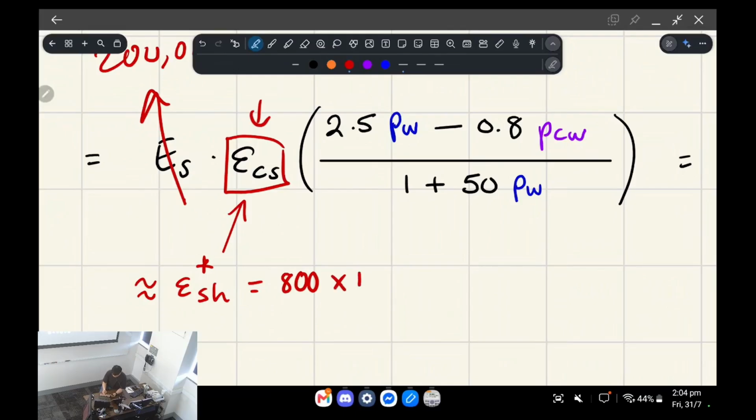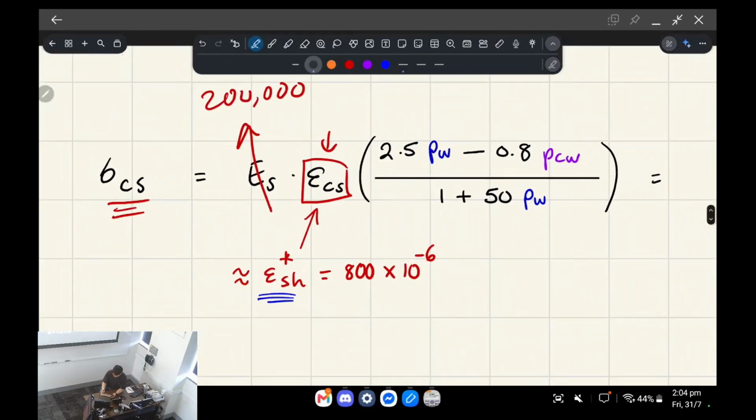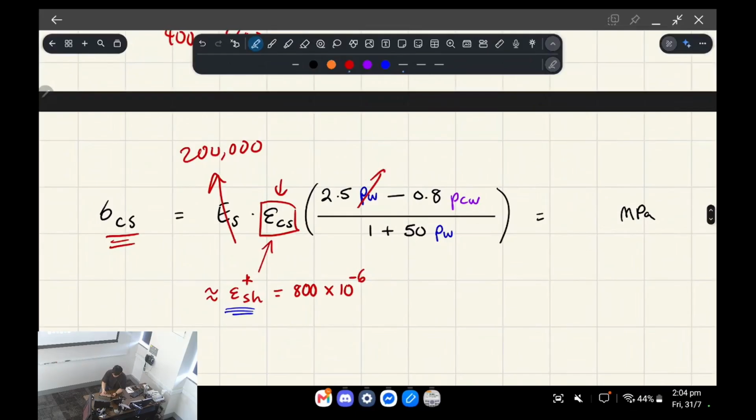When you see mu in the context of strain, it's basically saying 10 to the minus 6. And remember, strain is unitless, so it's not in terms of millimeters or whatever. Then you sub in your values for PW and PCW, like so.